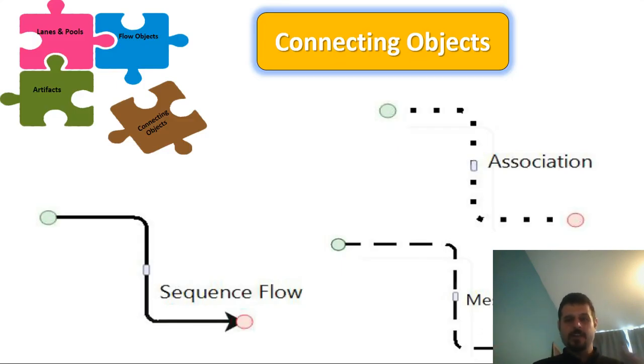Now, we can connect these notations to each other. When we are in a pool, in the boundary of our process, we should use sequence flow. If we want to go to another pool, to talk between two pools, we should use message flow. And if we want to connect some extra information, an artifact actually, or a data object to our task, we can use association.